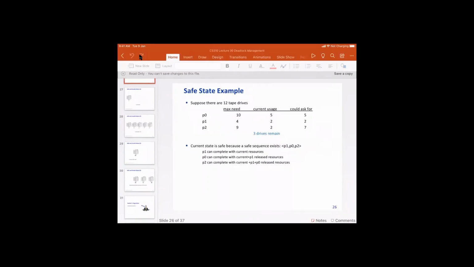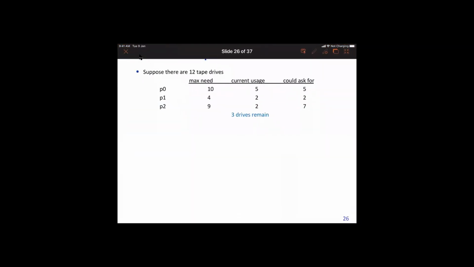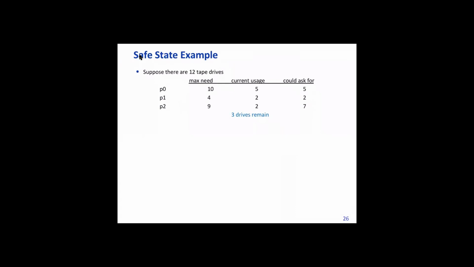All right. So now the point we are trying to emphasize is, there exists a sequence such that, by using that particular sequence, the previously held resources will be released, such that the need of other processes can be met.